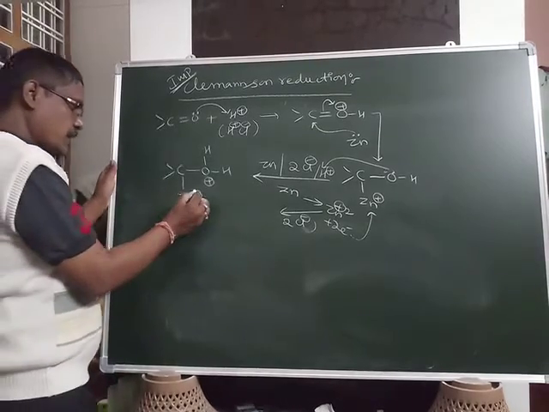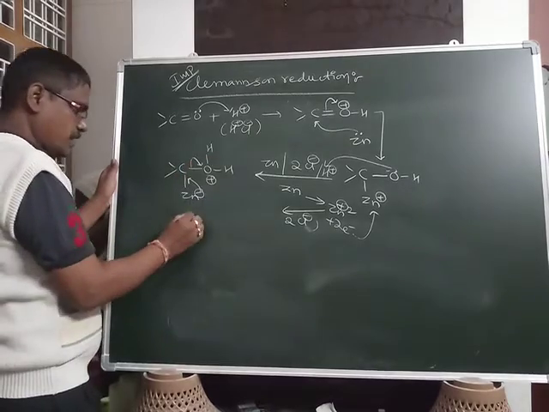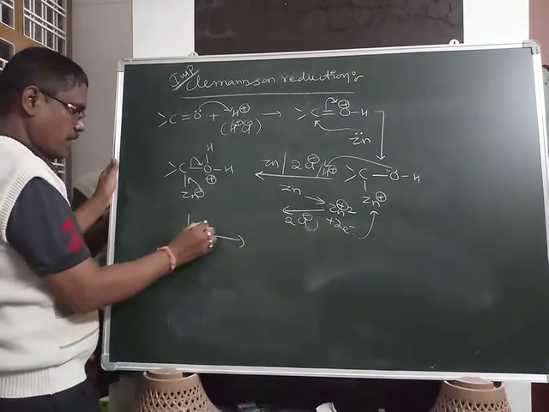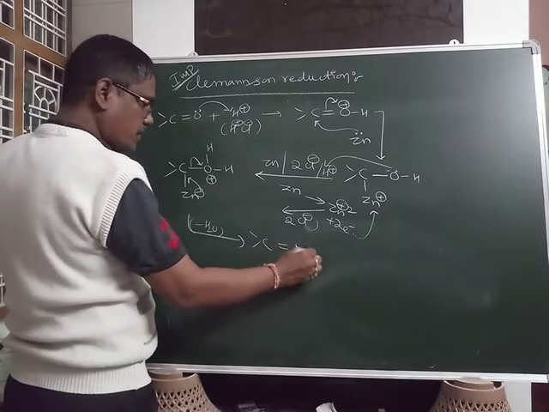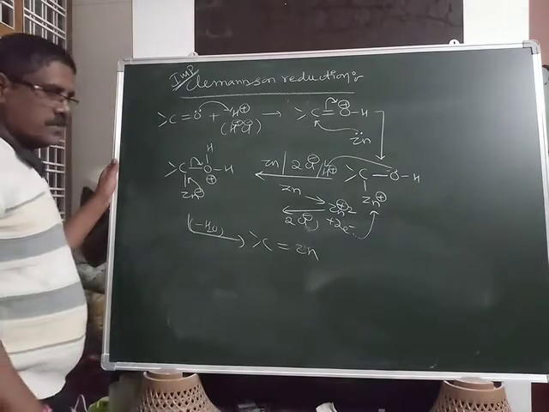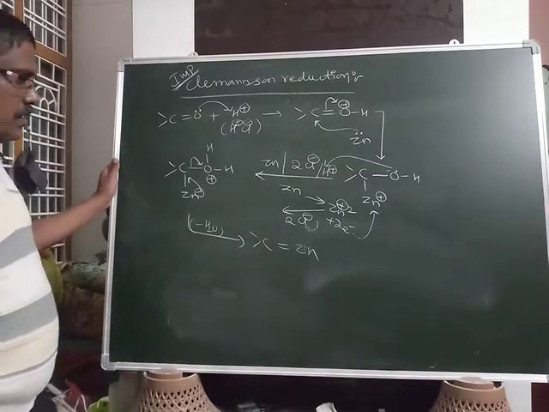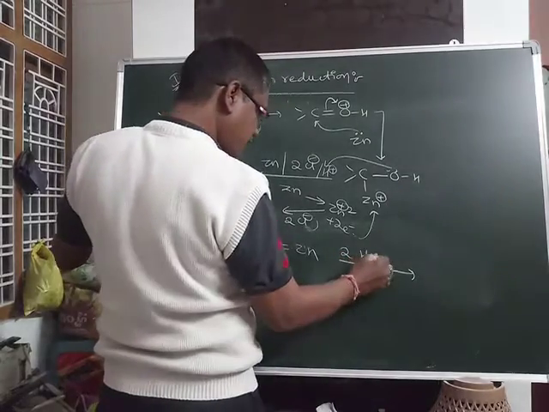At this stage this minus shifts to this side and a water molecule is eliminated. This is minus H2O. There is a double bond between zinc and carbon.